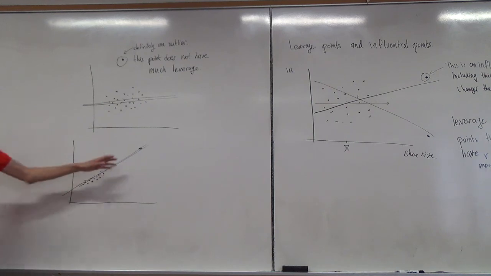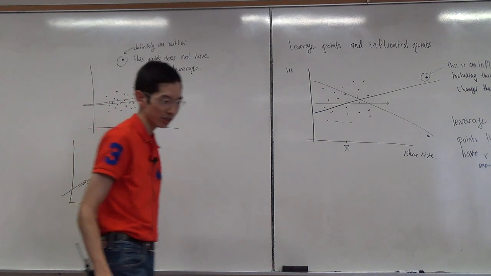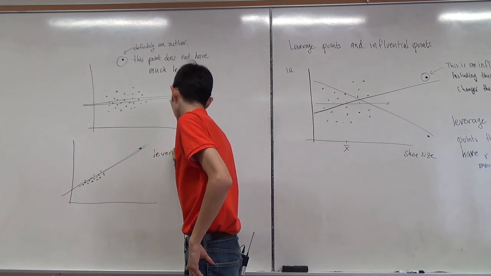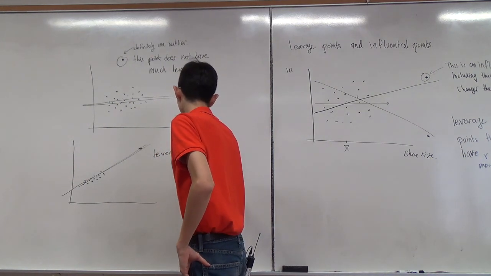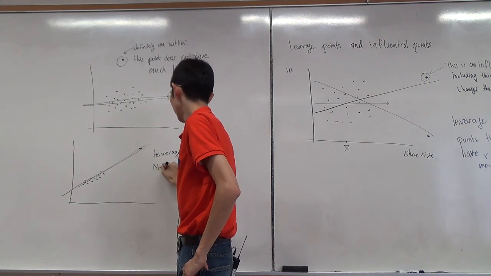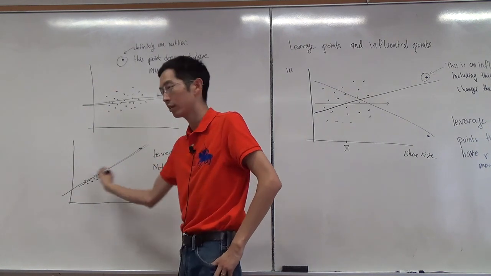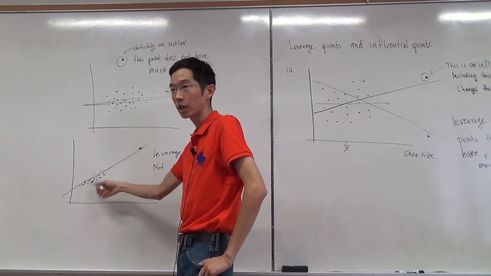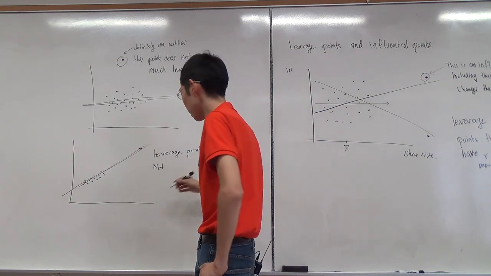This is a little dangerous, though. So this would be a leverage point, not influential, because it appears that including or excluding this point would not change my overall linear regression.